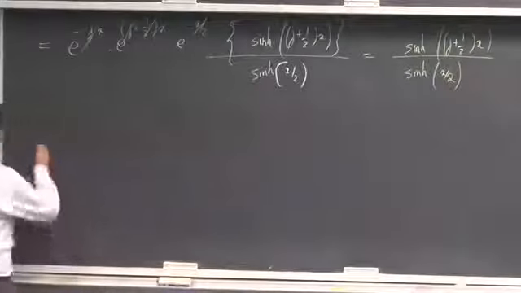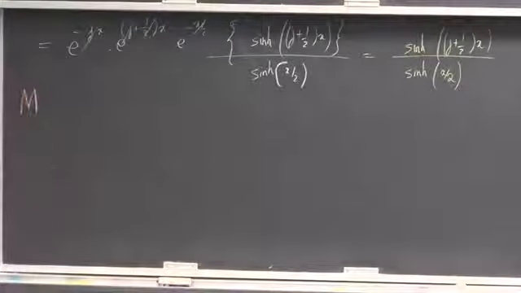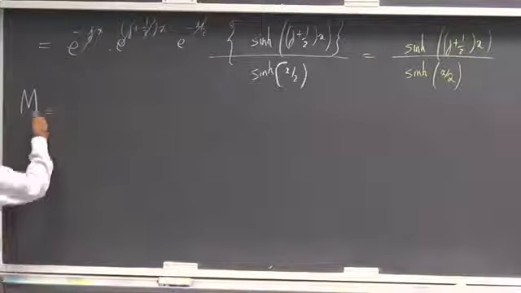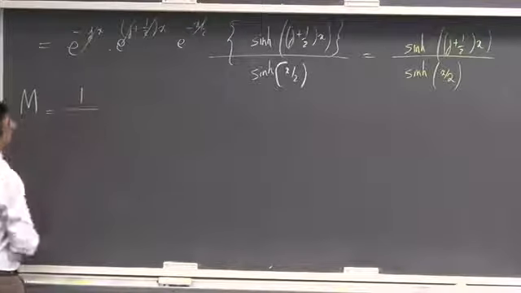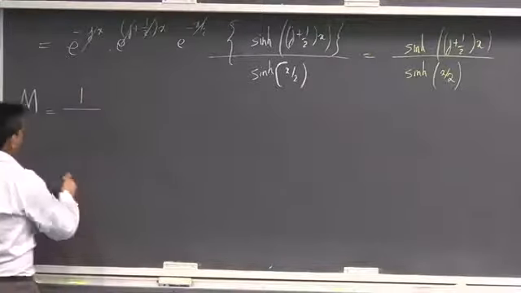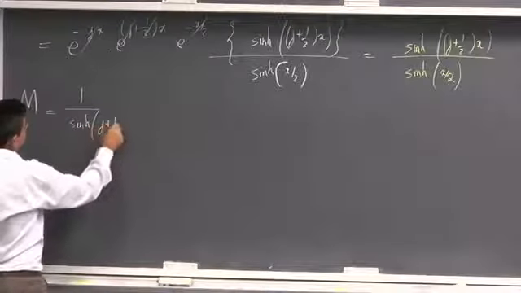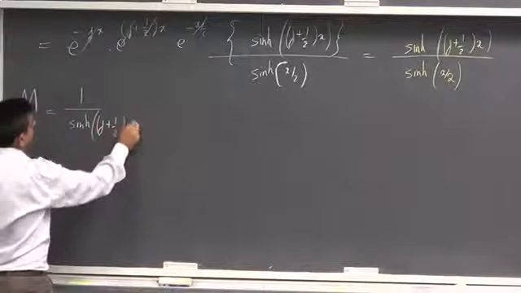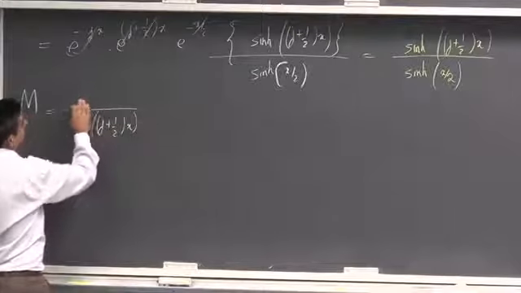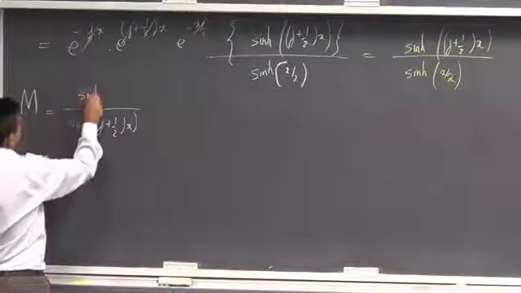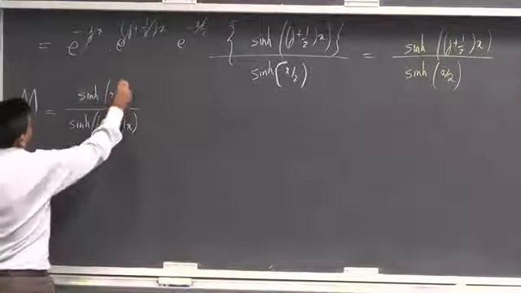Now I need to calculate the magnetization. The magnetization is given by 1 over the partition function. 1 over the partition function is sinh of x over 2 divided by sinh of (J plus 1/2)x.